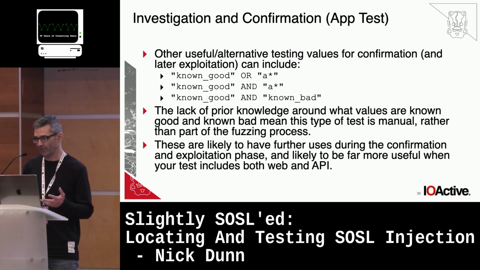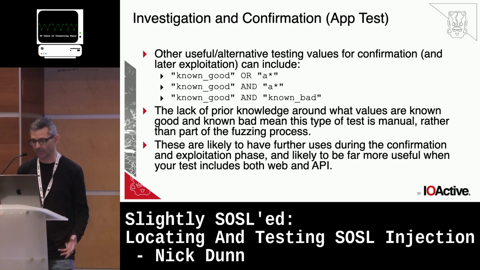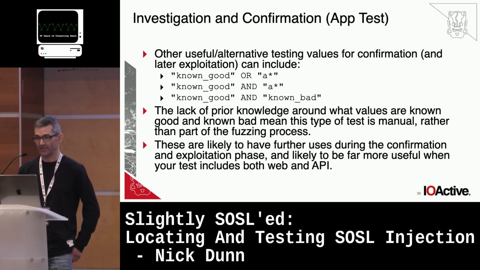You can use a few other values that will again help in enumerating these SOSL or SOQL things. Things there would be errors in SOQL from their weird construction. But double quotes around known good, whatever your value is, or some other value, is a valid construction to fit inside the curly braces or the single quotes of the find statements.